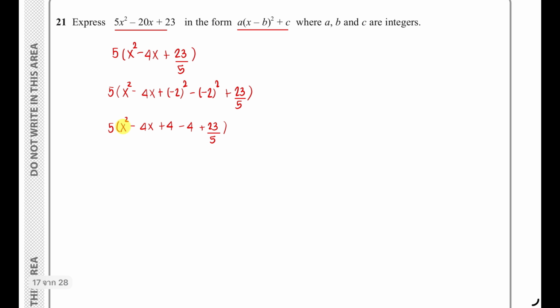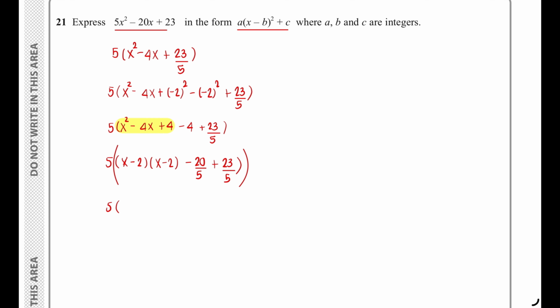Then if we consider this part, we will have 5 times x minus 2 times x minus 2. And for this part, we will get negative 20 over 5 plus 23 over 5, like this.